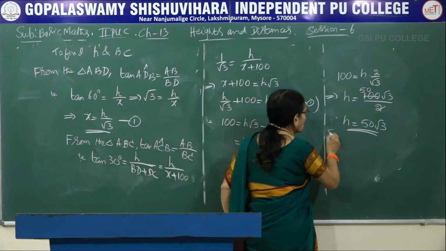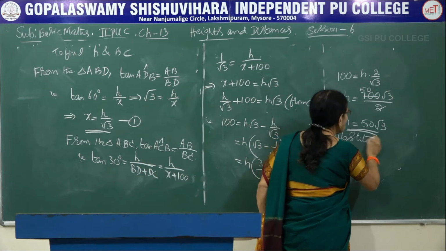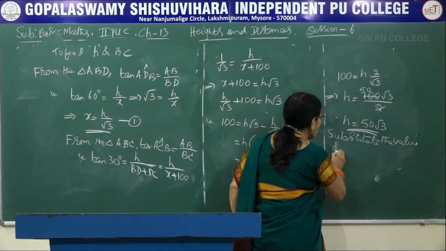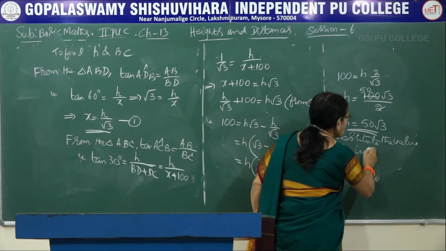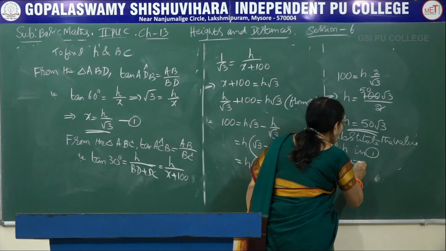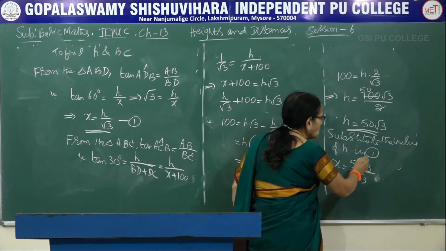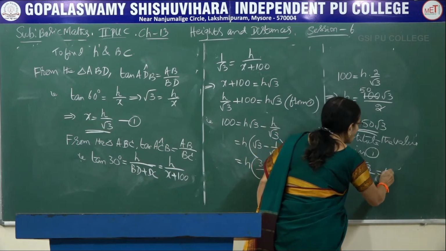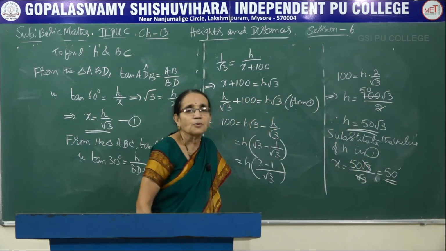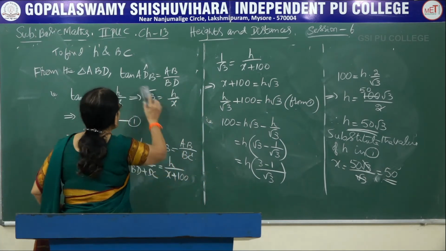Now substitute the value of h in the first result, that is x would be equal to 50 into root of 3 divided by root 3. Root 3 is cancelled, therefore it is 50. So h is 50 into root of 3 and x is 50.